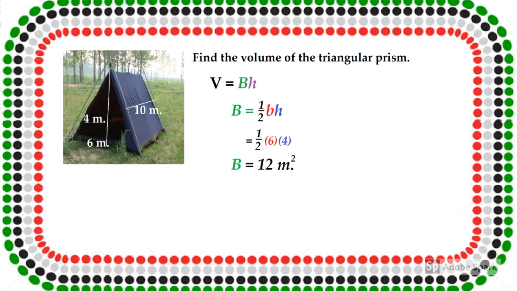Substituting the values in the given formula, therefore, the area of the base is equal to 1/2 times 6 times 4, which will give us 12 meters square. We are going to multiply the area of the base by the height of the prism. So, the volume is equal to 12 times 10, which will give us 120 meter cube.